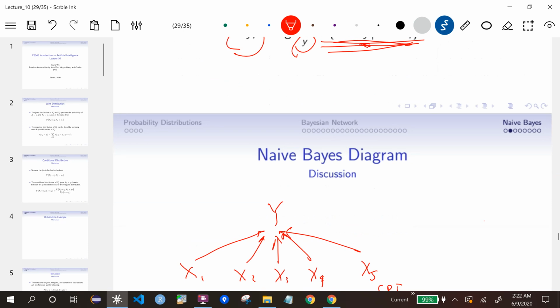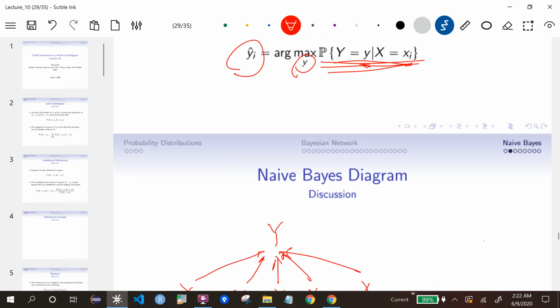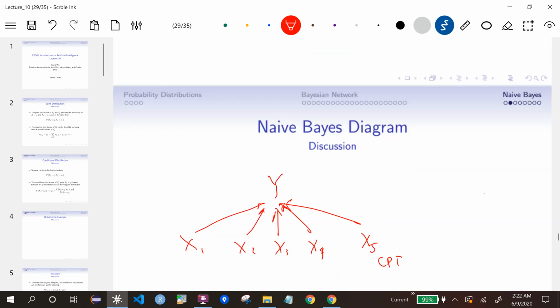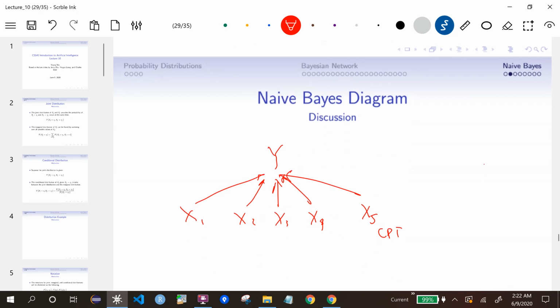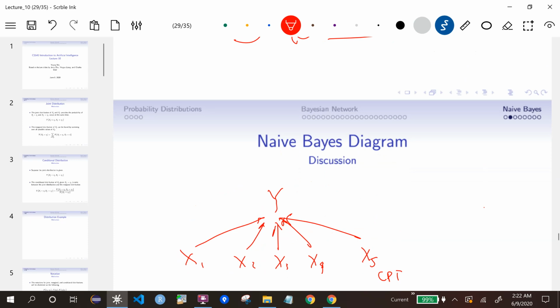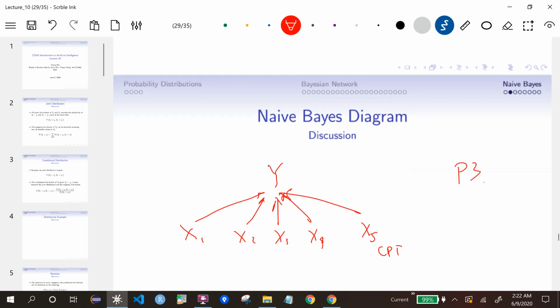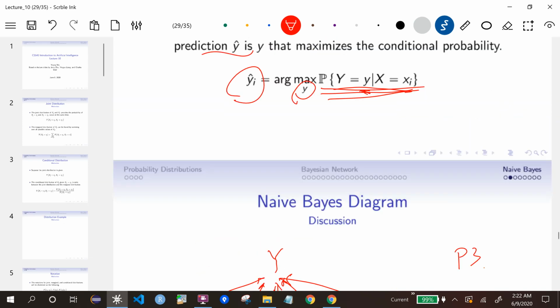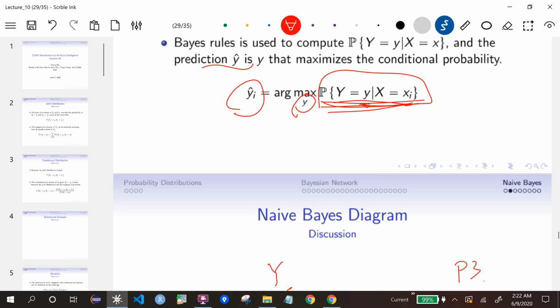Also, since the features are independent, we can take the product of these x given y terms, and we're going to use Bayes' rule to do that. You are actually doing this in P3. During the lecture, I'll talk more about this, but here I will just leave it as this expression.